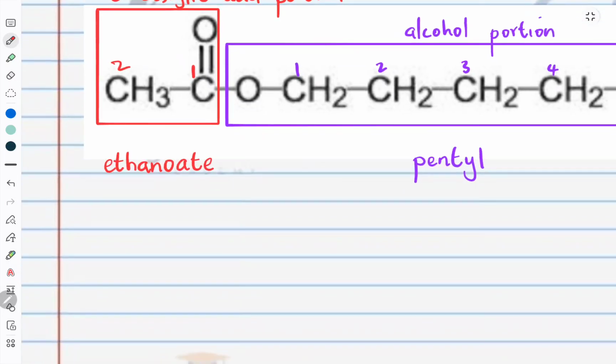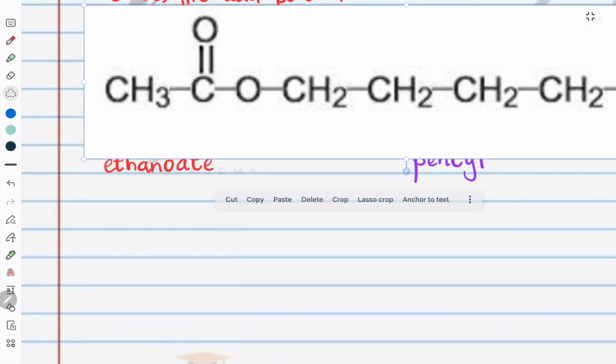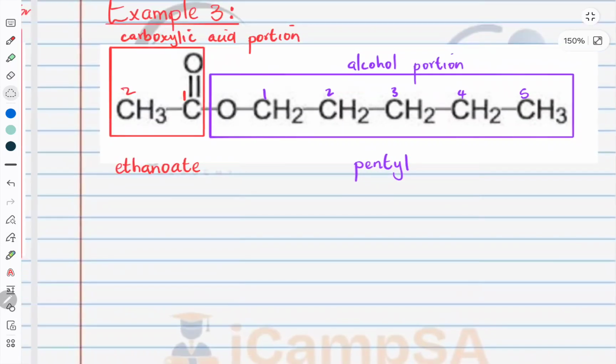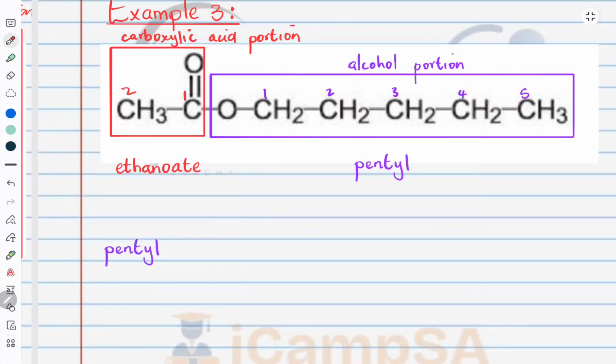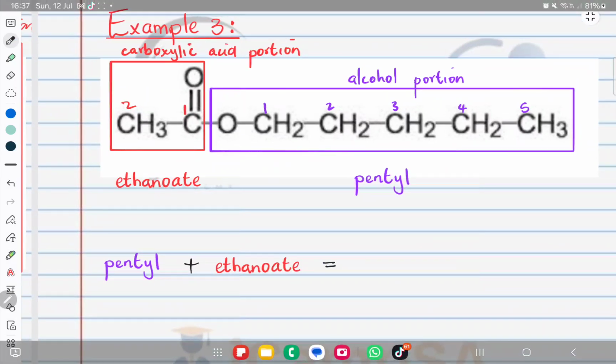And again, we take our pentyl, we add it with the name that we derive from the carboxylic acid portion, and then finally we get that this should be pentyl ethanoate.